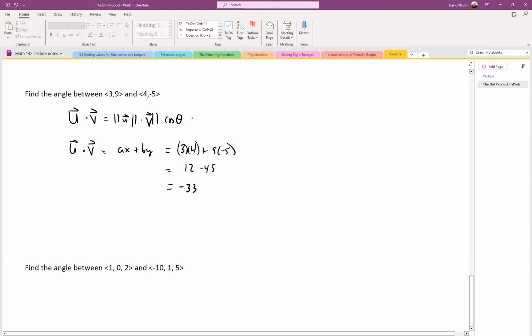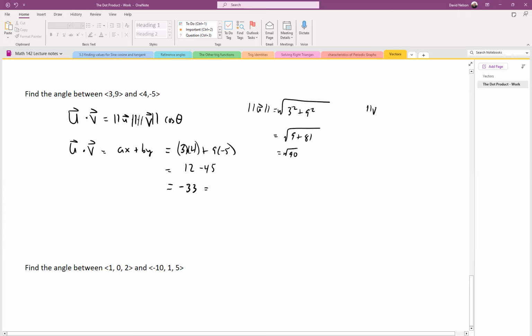But you can also calculate that as the magnitude of u times the magnitude of v, times the cosine of theta. And so what I can do is calculate those individually. The magnitude of u would be the square root of 3 squared plus 9 squared, the square root of 9 plus 81, the square root of 90.